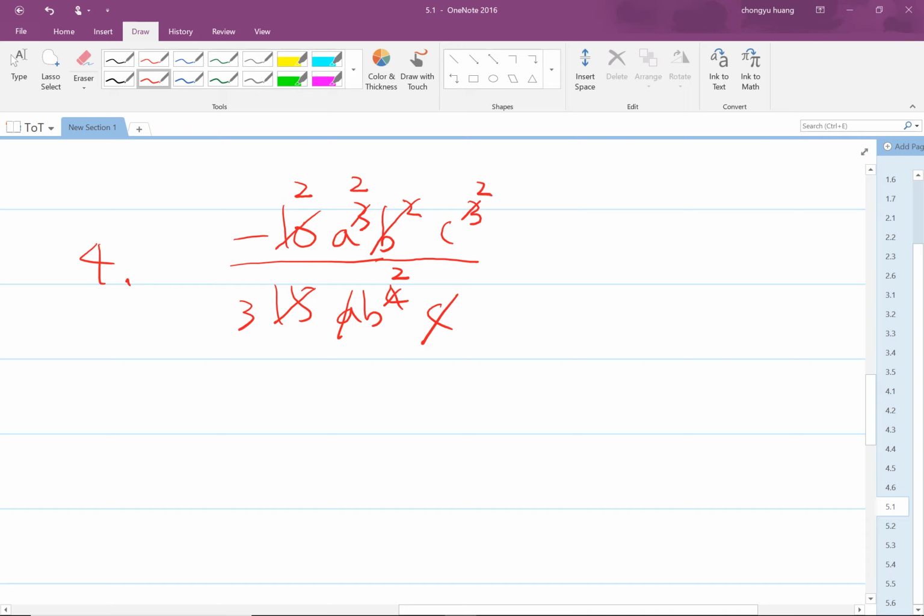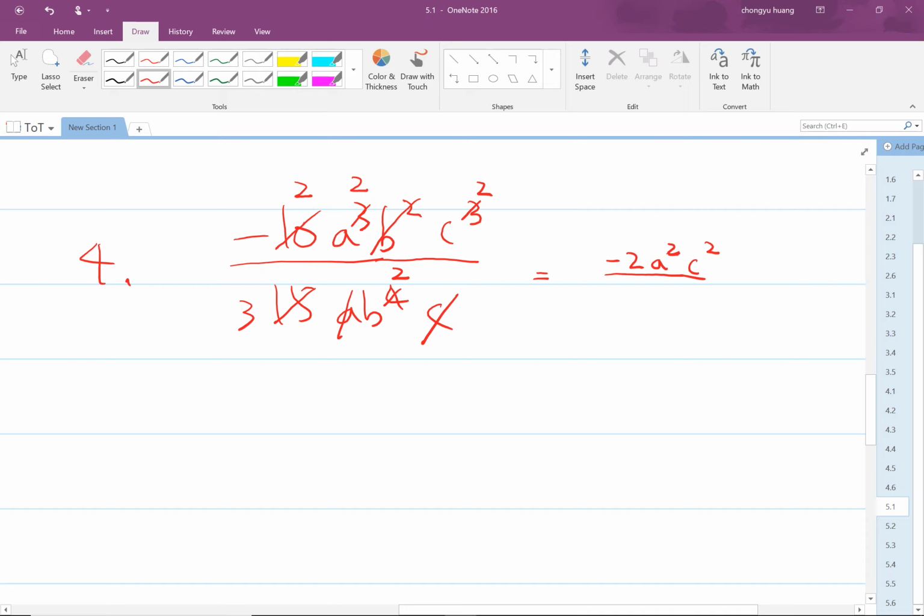Makes sense, right? I know it's a little bit messy. That's why you want to make sure you write down the right numbers, okay? We have negative 2a to the power 2, b is gone, and c to the power 2. That's the only thing we have for the numerator.